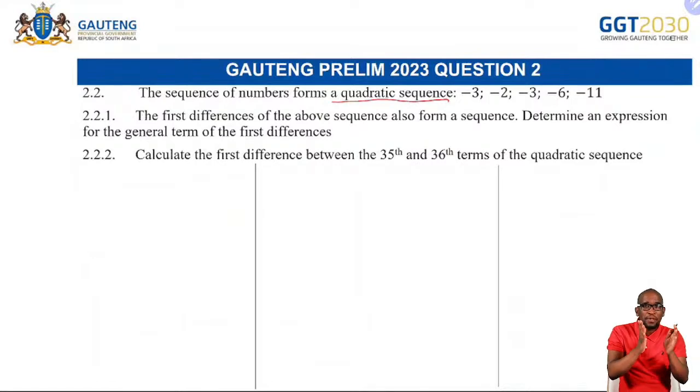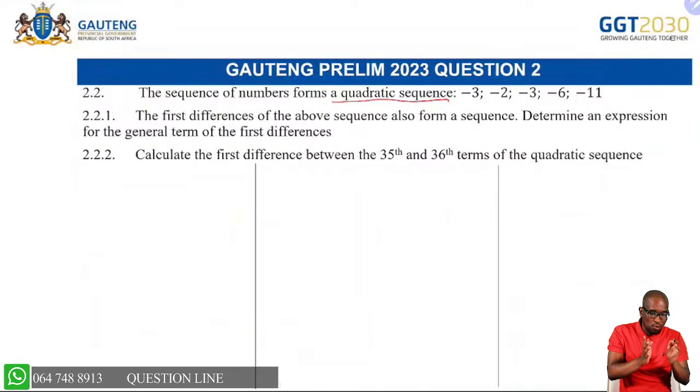Remember our arithmetic pattern or sequence is a linear pattern. It represents a straight line, and a quadratic one represents a parabolic function or a second degree function or a quadratic function. Now, our geometric one represents an exponential function.